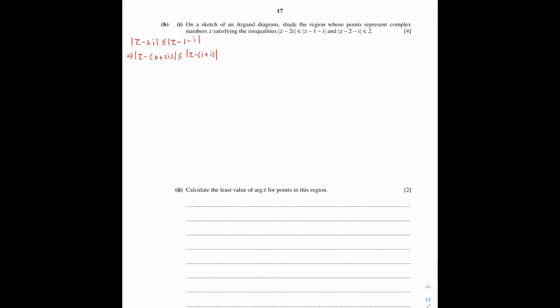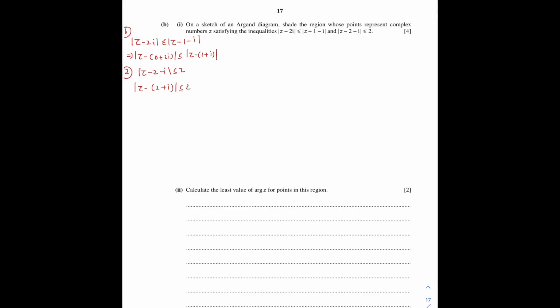That's modulus of z minus 0 plus 2i is less than or equal to modulus of z minus 1 plus i. That means I have to draw a perpendicular bisector of the points 0 plus 2i and 1 plus i for the first part.